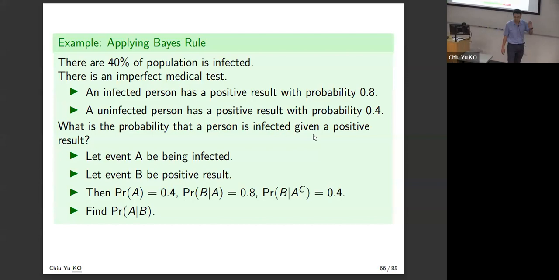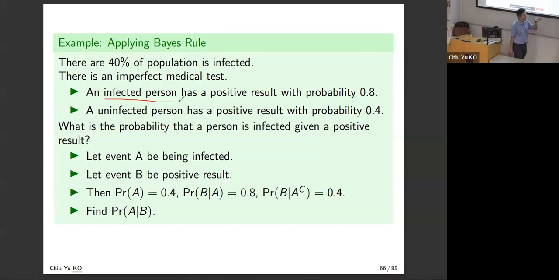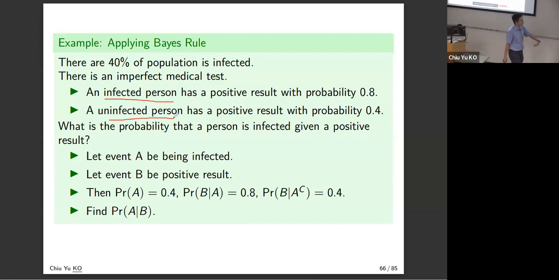Here we have some data. You can look at infected persons, give a test to them, and see that 80% is accurate. So 80% of the time, the test gives a positive result to people who actually have the disease. But if you take uninfected people, a random group, maybe recovered or anyone you know doesn't have the disease, 40% are still positive.